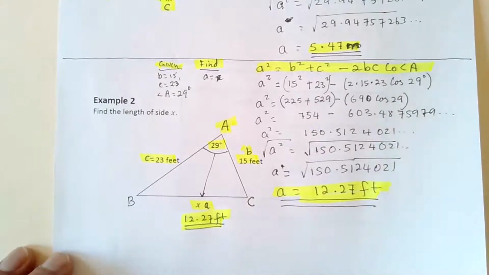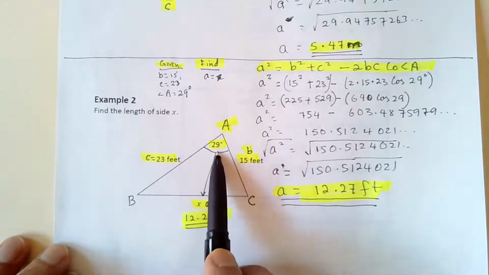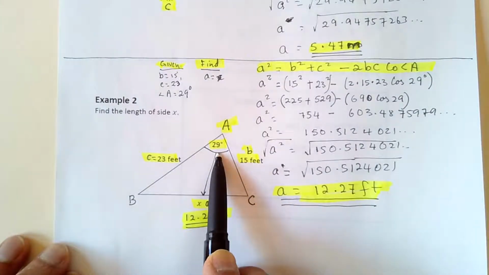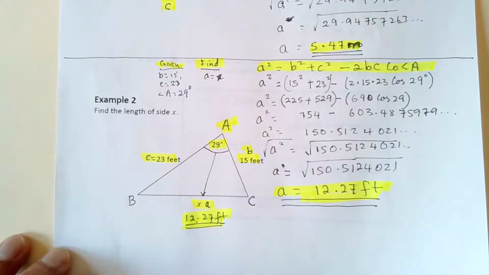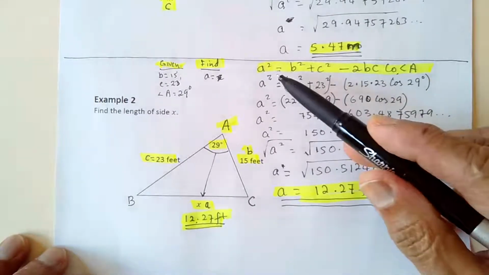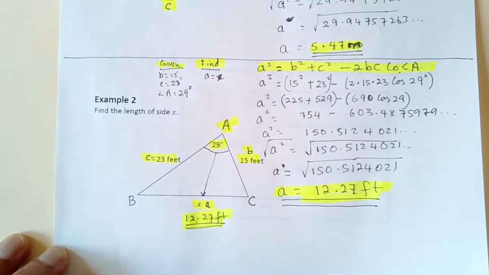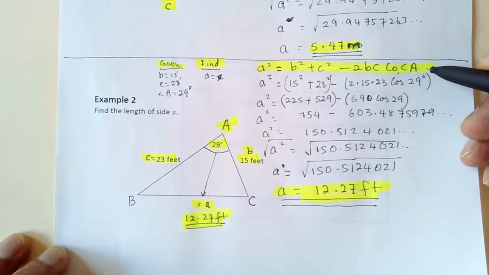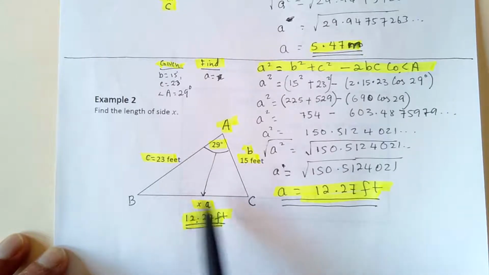To review, whenever we're given a triangle that has two sides and an angle in between, and you're asked to find the missing side, we use the cosine rule. A squared equals B squared plus C squared minus 2BC cos angle A. Step 2, we label our triangle.